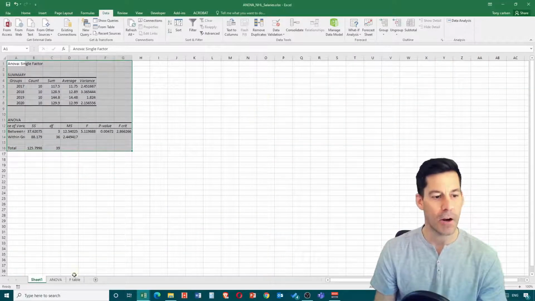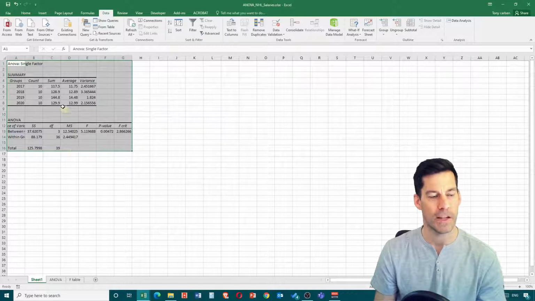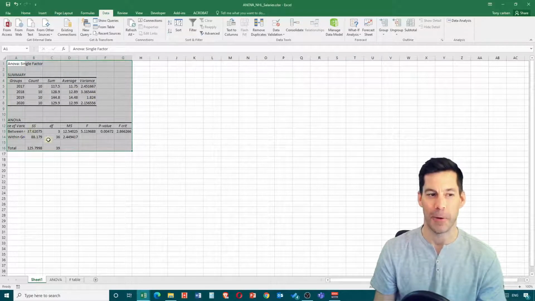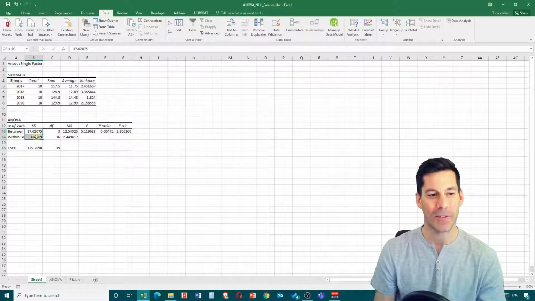And what you see here is it's created a new worksheet where it's given me some summary data in terms of my averages and my variance for each of the groups, but it's also given me an ANOVA table, which has sum of squares and mean squared for within and between, and there's my mean square and my F ratio.